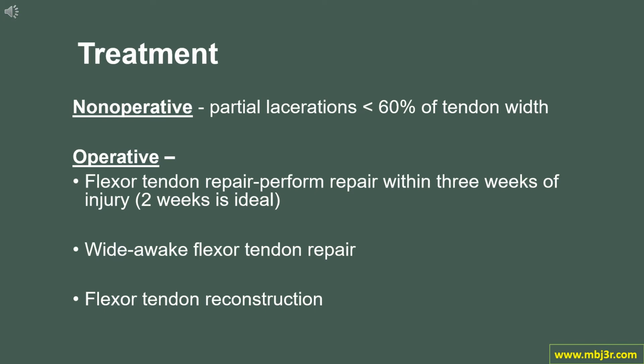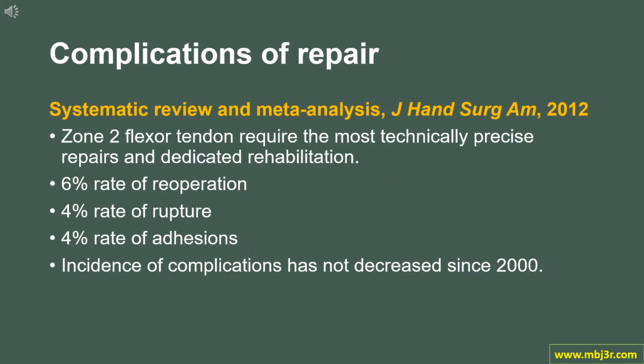Flexor tendon repair should be performed within 3 weeks of the injury, ideally as early as possible, at least within 2 weeks. You can do it under proper anesthesia or wide awake. Flexor tendon repair can be done under local anesthesia. In neglected cases, you have to do flexor tendon reconstruction.